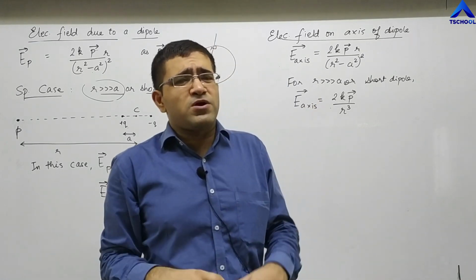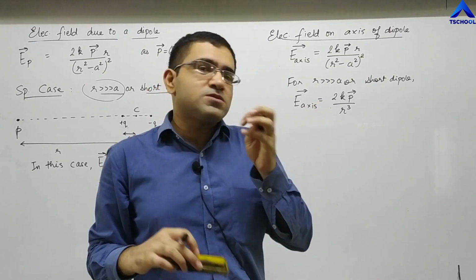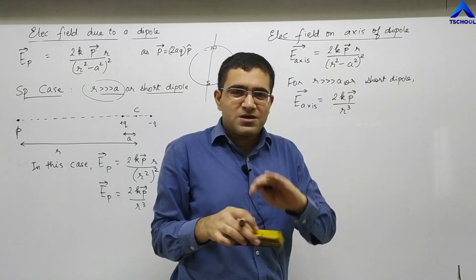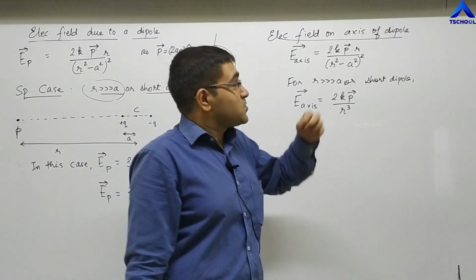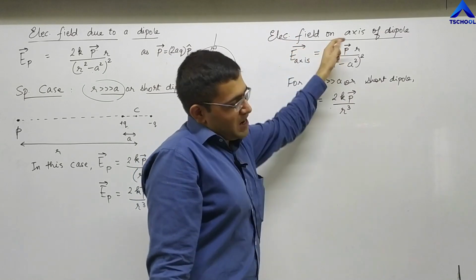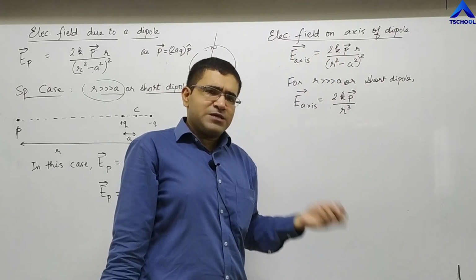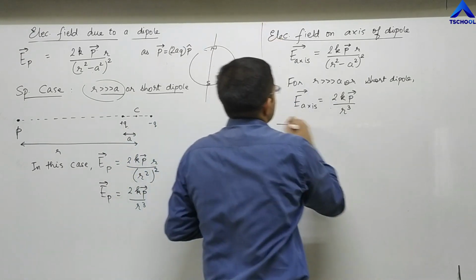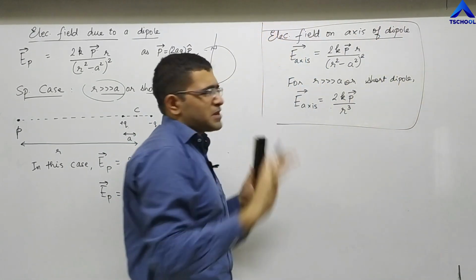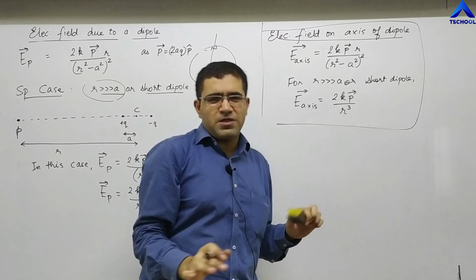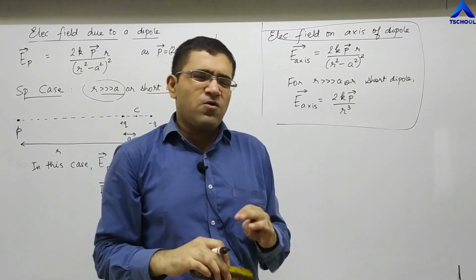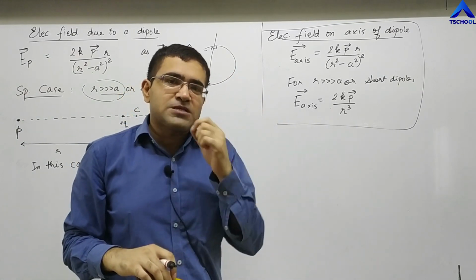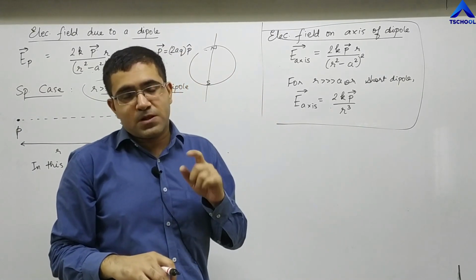It's good to remember everything in vector form because if you want to find magnitude, you could just draw these arrows, and you're done. So in magnitude it would be 2k P R upon R square minus A square the whole square. That's what I want you to remember. We're going to use this in so many problems, very often. So that's the electric field on the axis of a dipole.